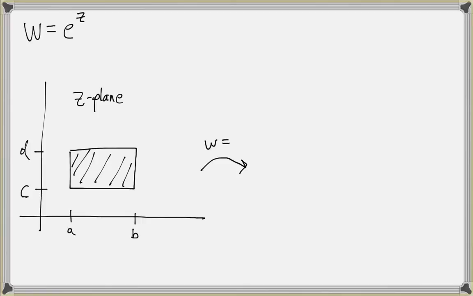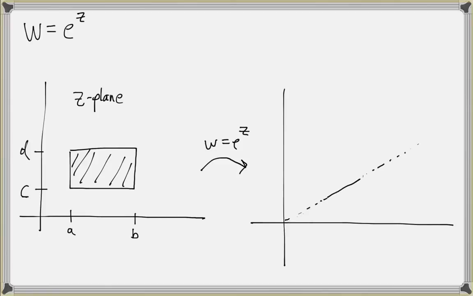Then under the transformation e to the z, we would get this image, which is sort of a slice of a ring, and this angle would be measured by phi equals c, and the radian measure of this ray would be phi equals d.